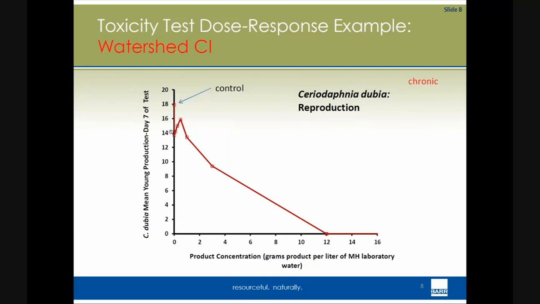So you can see the control. There's also a situation where we have low concentrations where it seems like there's somewhat of a stimulatory effect, and then once we get over that hump, you begin to have a reduction in young production. Also, there's this kind of exponential condition where there's a big drop in young production after a certain point.